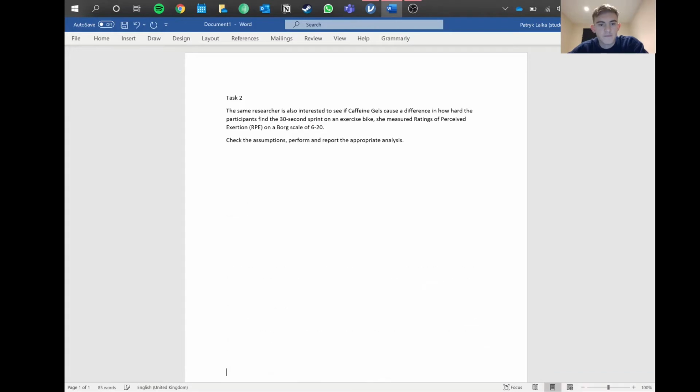So if we look here, the researcher is interested to see if caffeine gels cause a difference in how hard the participants find the 30-second sprint on an exercise bike. She measured the ratings of perceived exertion, RPE, on a Borg scale of 6 to 20. So again, as we can see here, we're asked for a difference, so we know we're looking at some sort of t-test.